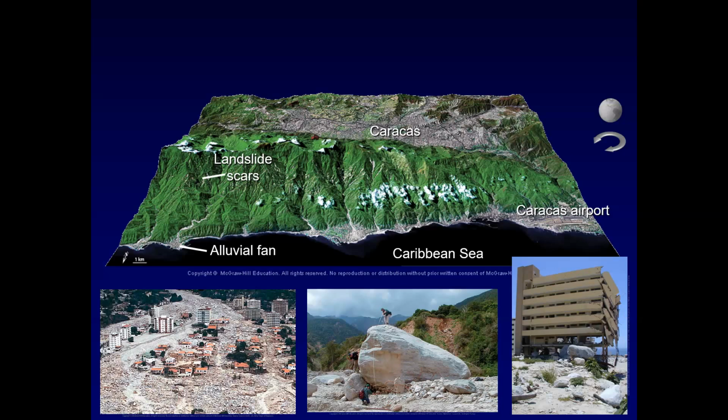Through the cleanup here, the USGS and Venezuelan geologists discovered houses built on older debris flows with huge boulders. So it makes sense why you live here, because the slopes are too steep to build on, but unfortunately there's been a history of landslides that are pretty devastating.